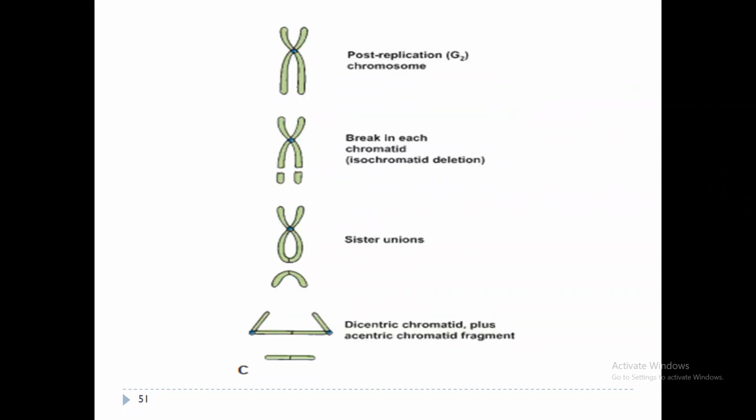Then what will happen if a break occurs in post-replication G2 chromosomes? So a break in each chromatid occurs after replication. G2 phase comes after S phase, so already this is a replicated chromosome. So a break occurs in each chromatid.